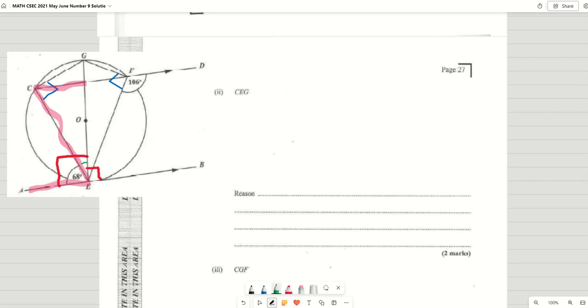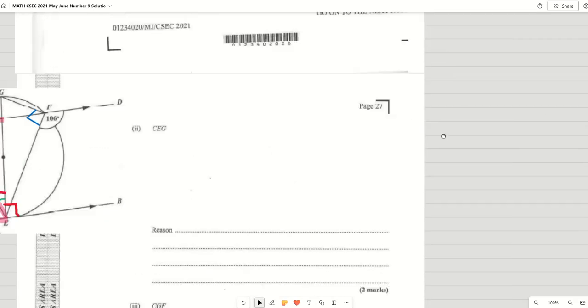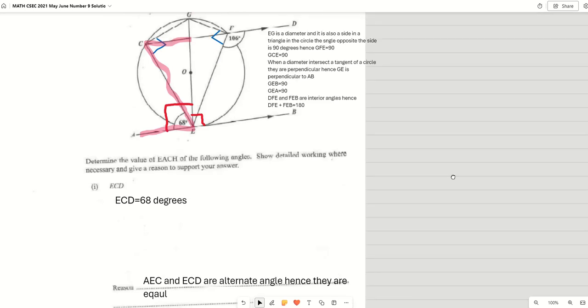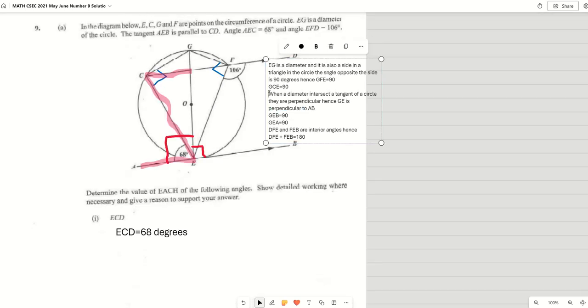We know that the entire angle between GE and AB is 90, so angle GEA is 90 degrees. If this entire thing is 90 and from here to here is 68, then this green part would be the difference between 90 and 68. I have the reasoning already on top, so I'm going to copy and paste it.